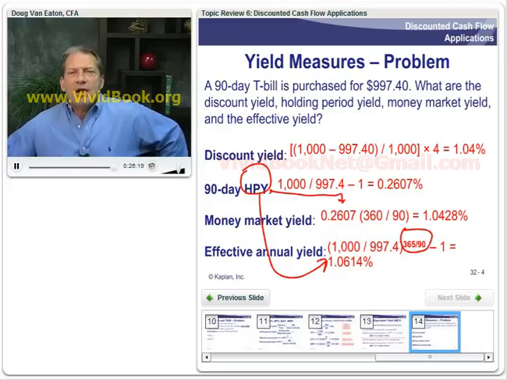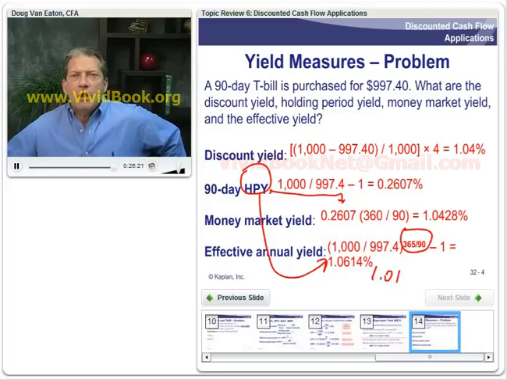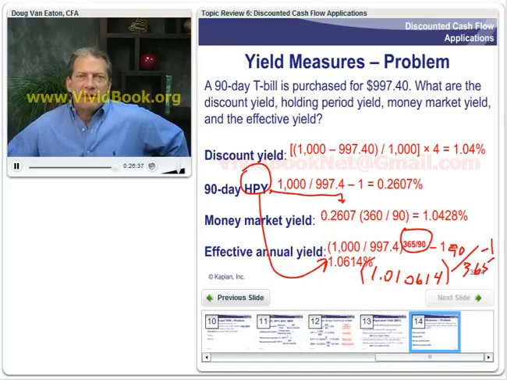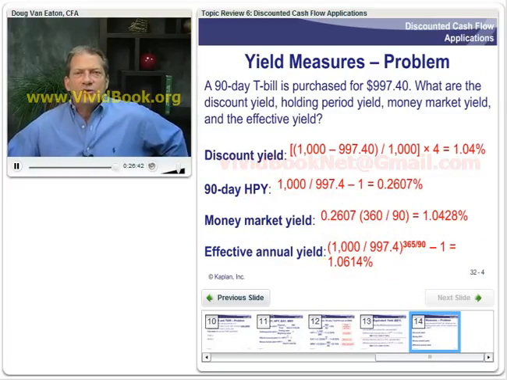If I take 1.010614, 1 plus that effective annual yield, and take it to the power 90 over 365 minus 1, I'll get right back to my holding period yield. So I can go backwards to this, and then from my holding period yield, I can get back to the discount yield, the money market yield, or the effective annual yield.